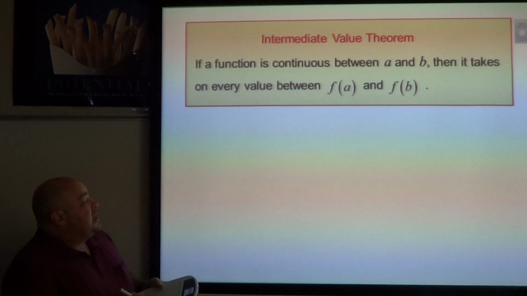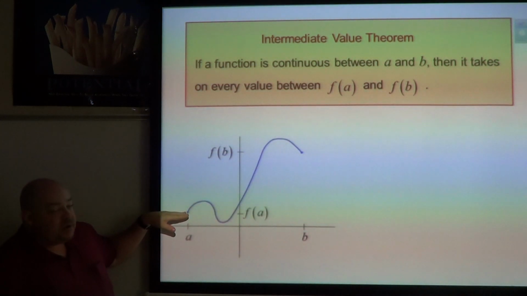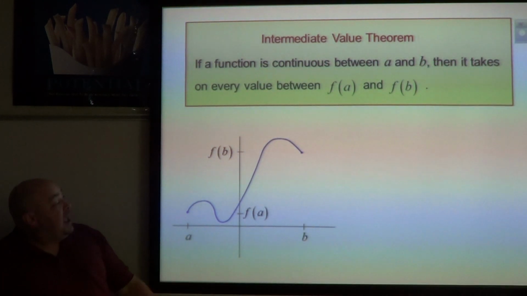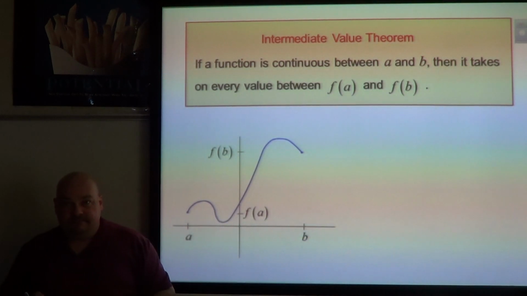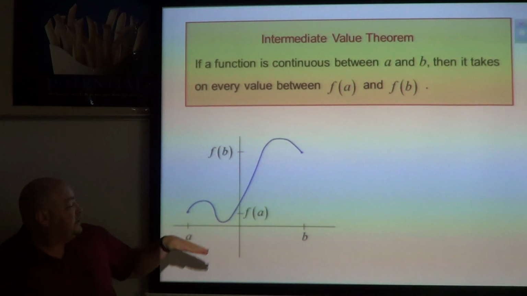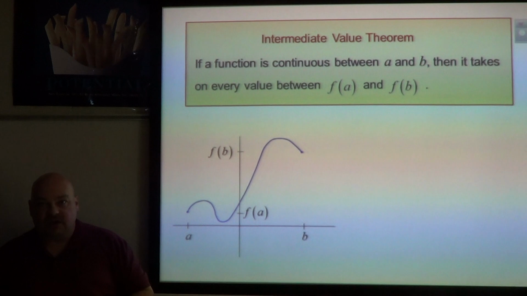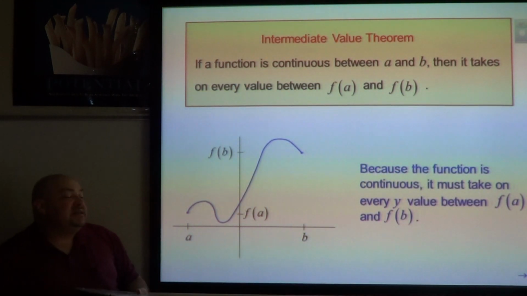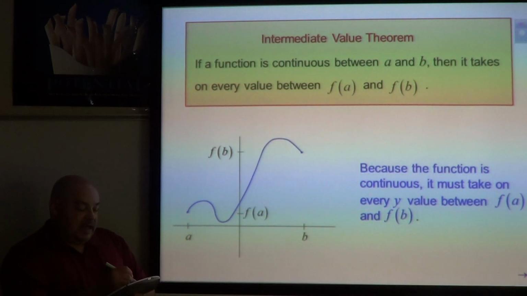So what we end up looking at is this. We've got our y value here, f of a, when x equals a, and we've got our y value here when x equals b. And what this says is it's going to take on every value between this y value and that y value. So we know, since it's continuous, the shortest route between two points is a line.